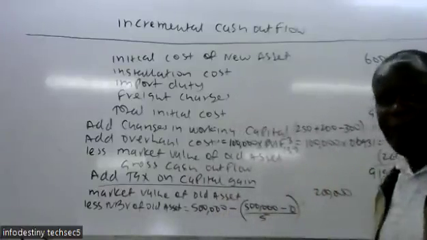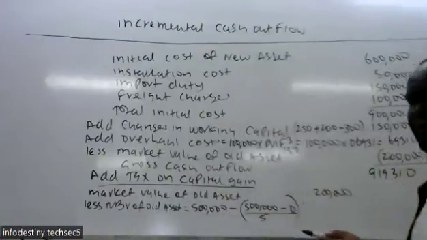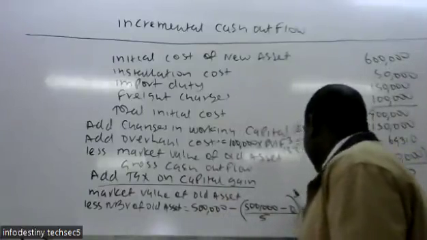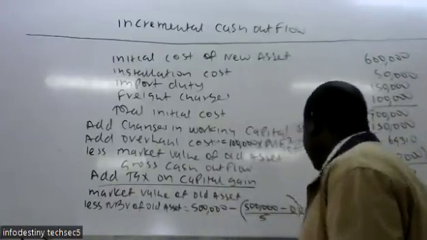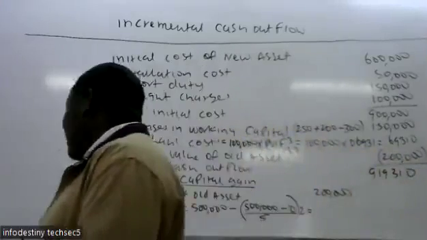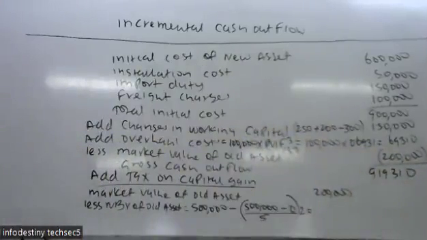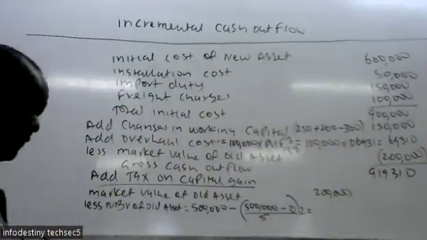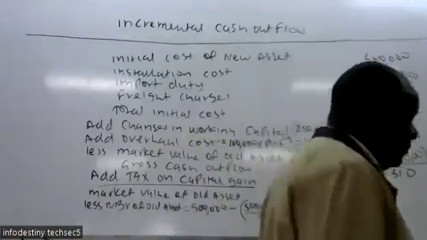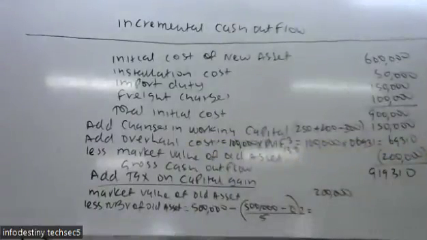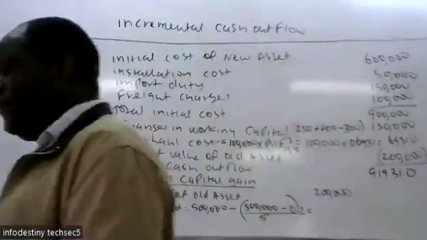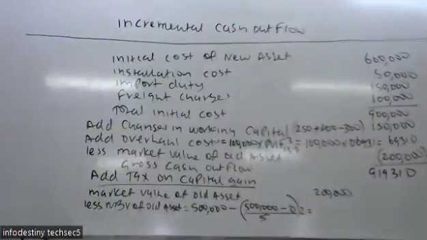We divide by 5 to give us depreciation per year, but multiply again by 2 to get the net book value of the old asset.